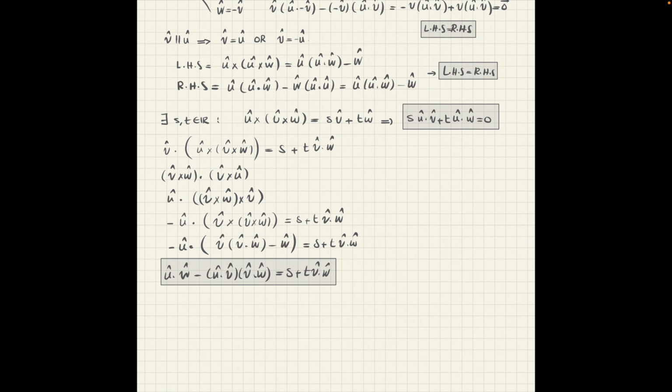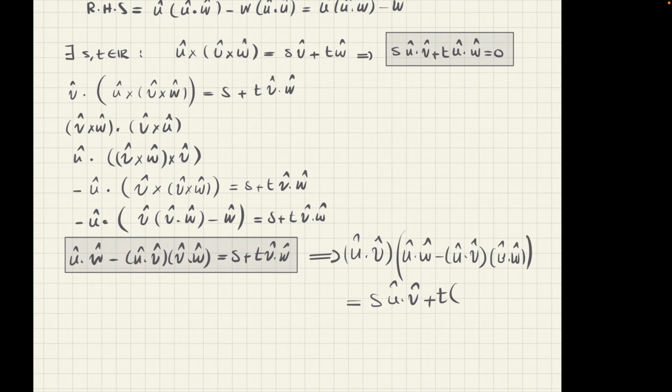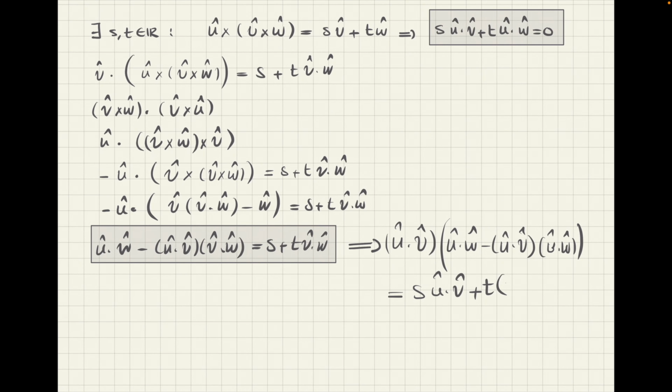Because now if U dot V is not equal to 0, I can multiply both sides of this by U dot V. Then you will get U dot W minus U dot V times V dot W, and this becomes equal to S U dot V, and then plus S U plus T U dot V dot W.